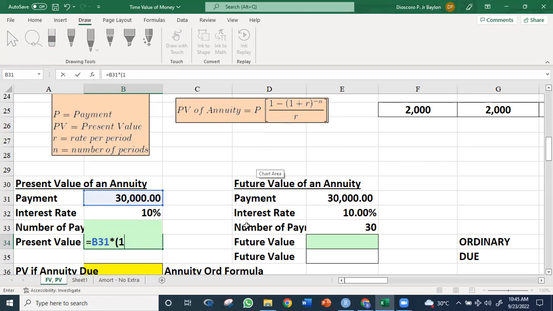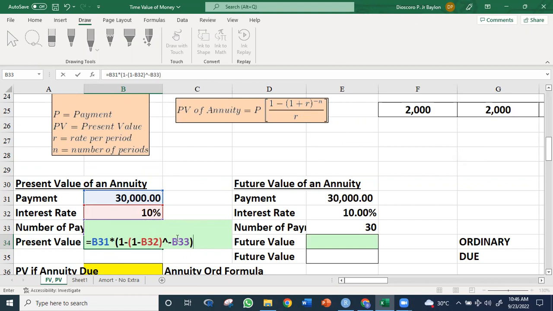So this is 1 minus, and we have to put this in parentheses, 1 minus, the rate is 10%. Close it, and then raise to the negative n. Our n is the number of payments, right? It's negative B33. And then we close our numerator.